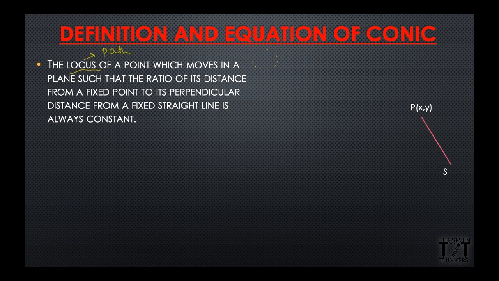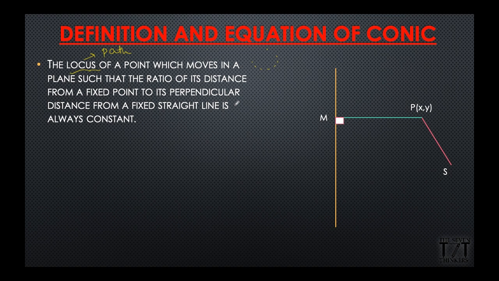So let this fixed straight line be the yellow line, and so PM is the perpendicular distance from the fixed straight line.